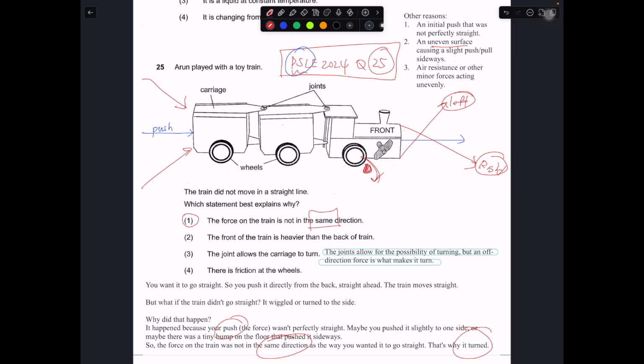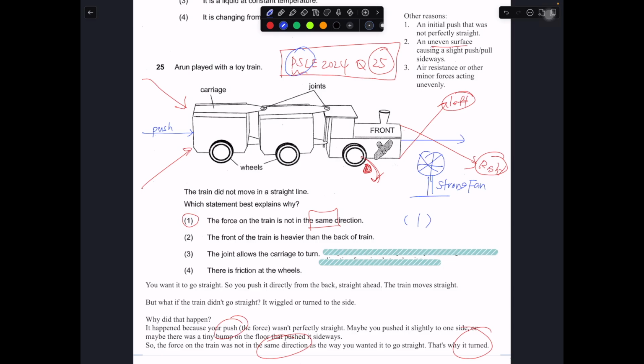Or there could be a very, very strong fan. You put a strong fan here, so as you push it straight, the pushing force of the fan causes it to turn in either direction. This could also be another reason that may occur in a real life scenario. So number one over here is the answer.